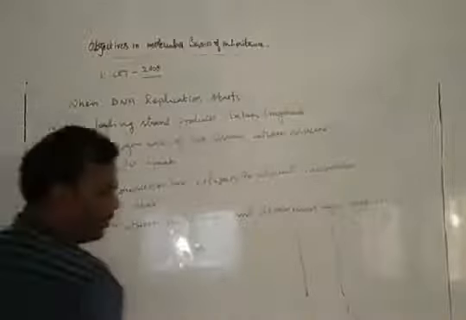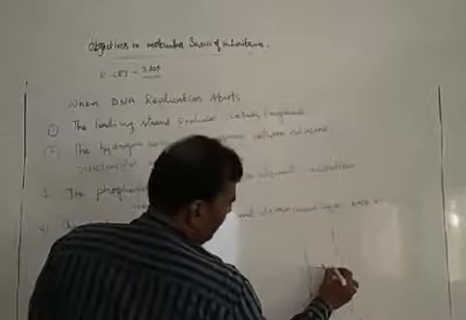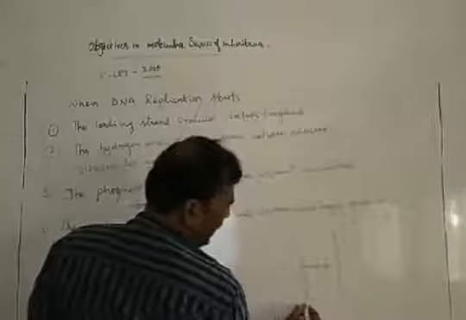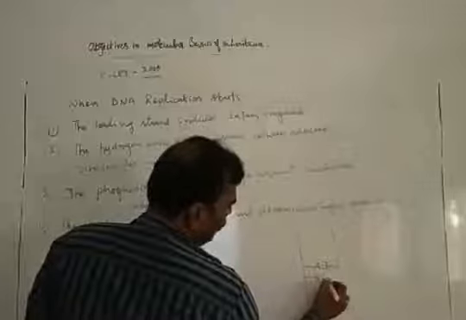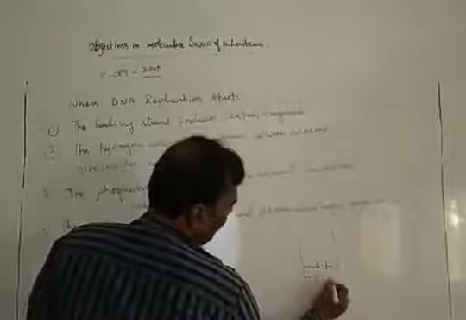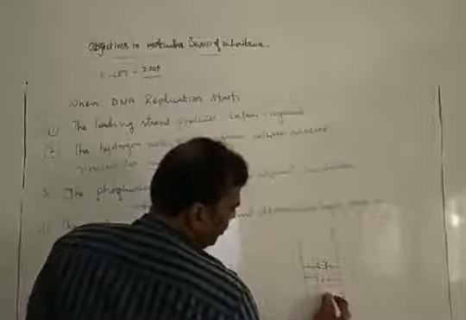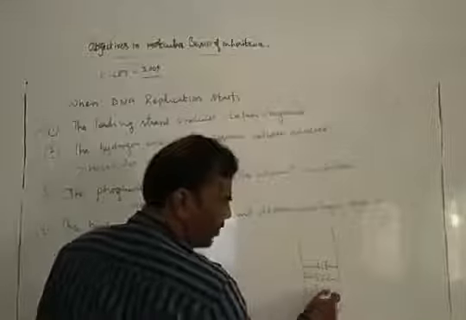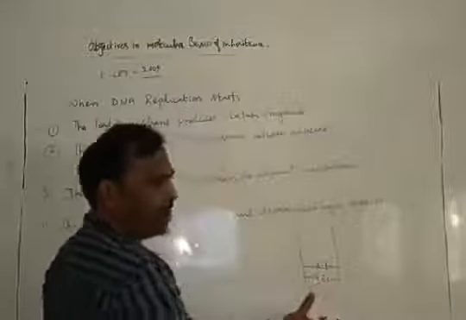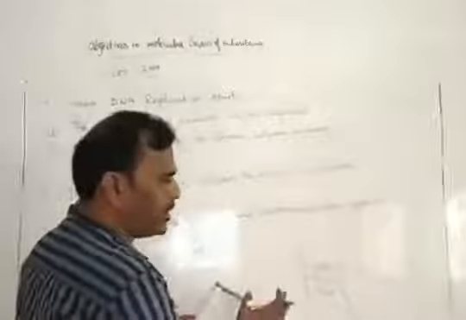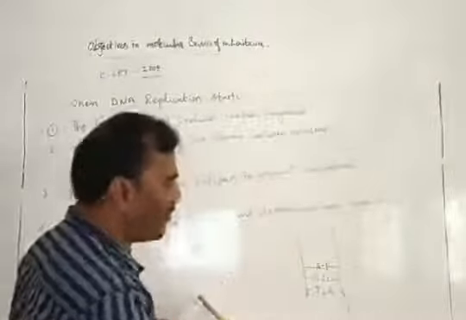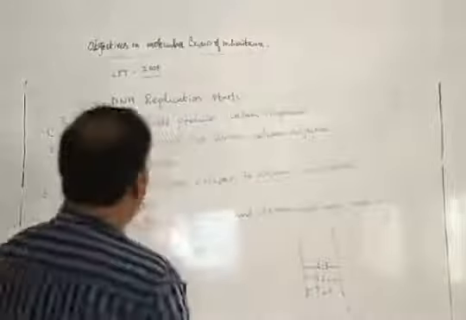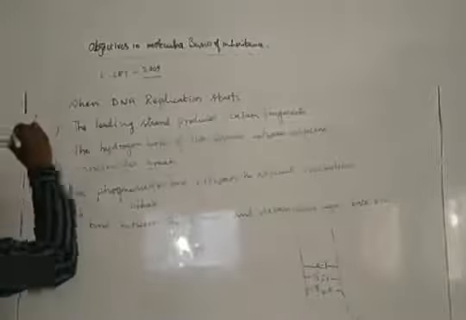That is right. These hydrogen bonds are broken by the helicase enzyme. Then these two DNA strands are separated and form the replication fork. So this statement is right.